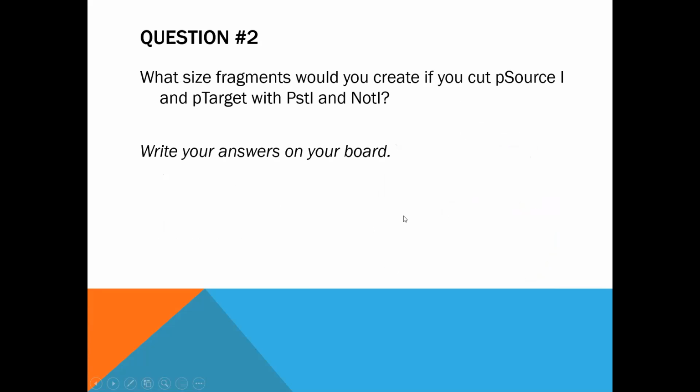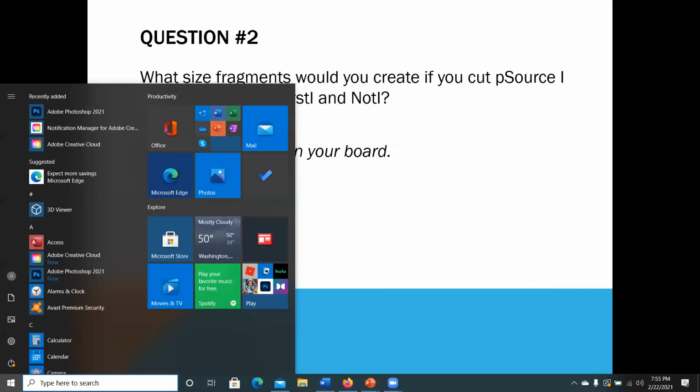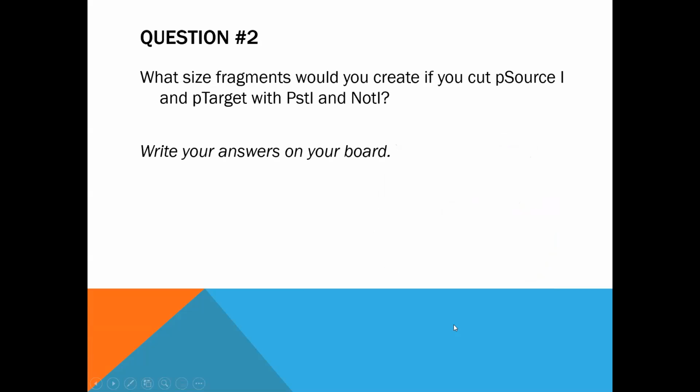So now, what size fragments would you create if you cut P source 1 and P target with PstI and NotI?